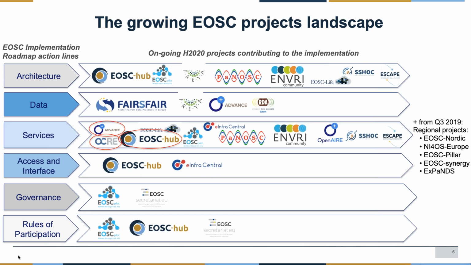What we will focus on now are 3 of these projects: the EOSC-hub, the OCRE, and the OpenAIRE-led OpenAIRE-Advance project. And specifically, I will talk next about the different services that these projects offer for research communities, and specifically through the early adopter program for you.